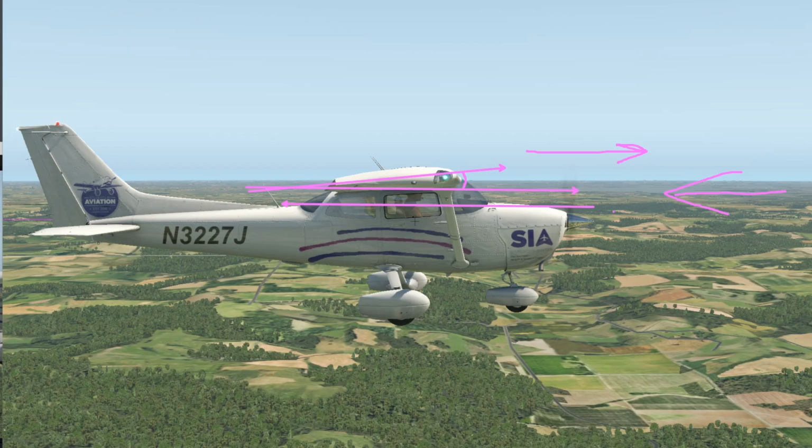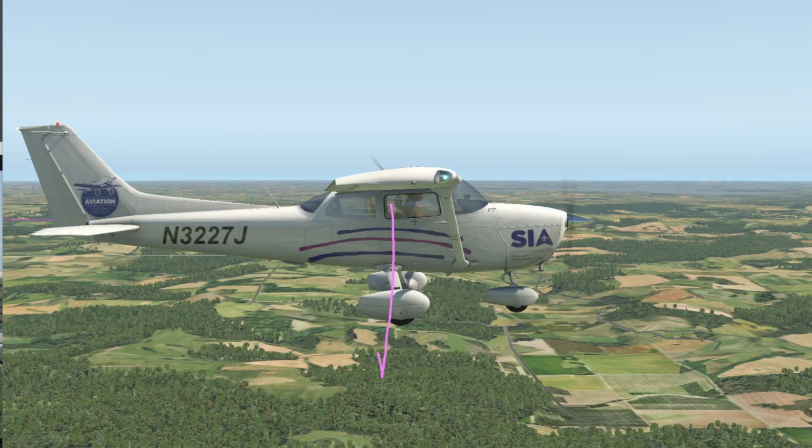I'm going to reiterate that the flight path has nothing to do with the direction that the nose is pointing in. Let me illustrate that. Let's say this aircraft was in a flat spin and just going straight down.